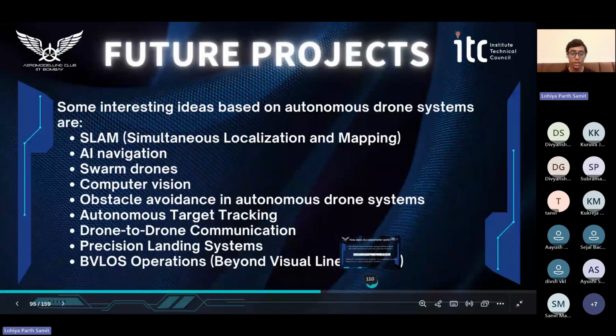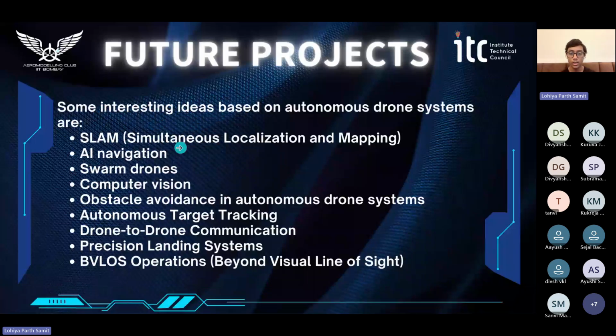And these are some of the future projects that can be done using this technology. So we first of all have SLAM, that is simultaneous localization and mapping. Imagine we have a 100 square meter level field of open area, and we can then fly our drone without GPS, and it can take photos continuously. It can process how those images translate from one image to the other.